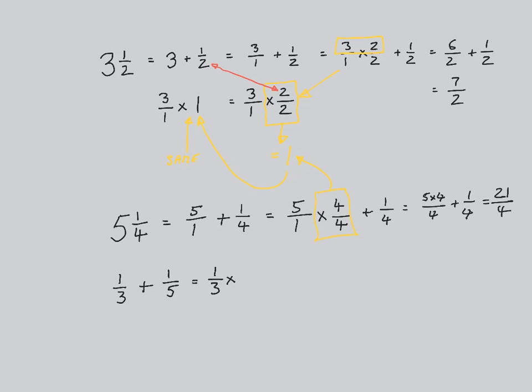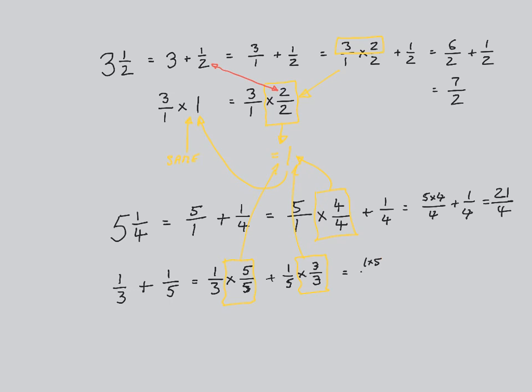So I'm going to multiply the third by 5 over 5. And then I'm going to multiply the fifth. Well, what do you think I'm going to multiply the fifth by if I'm going to make the bottom the same? Well, I've got 3 times 5 in the left-hand part, so I need 3 times 5 in the right-hand part, so I multiply by 3 over 3. And that doesn't make any difference to the number because I'm just multiplying by 1.